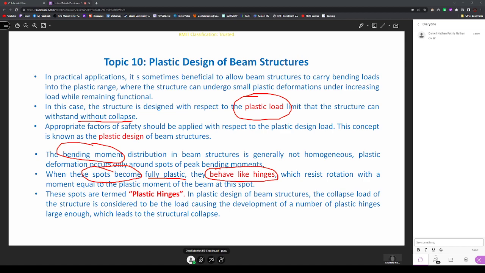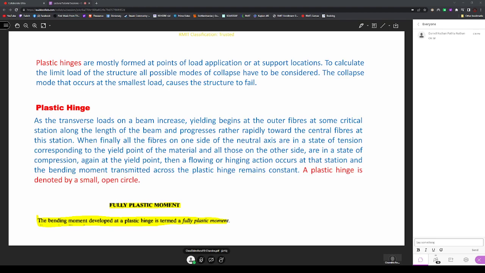So now we call these particular parts plastic hinges. So when we design beams for plastic design, we'll be focusing on whether the plastic hinges are developed on the structure or not.